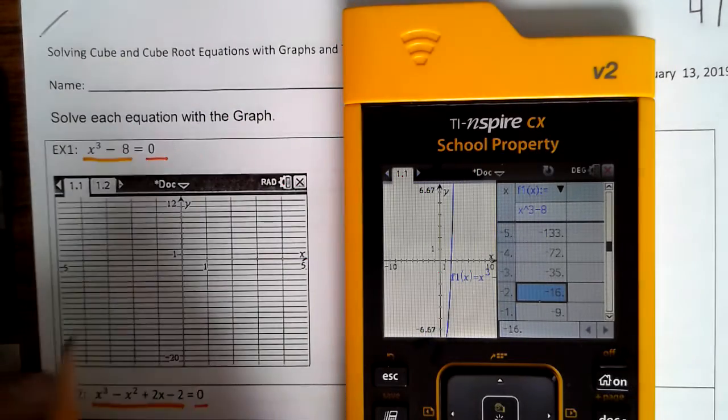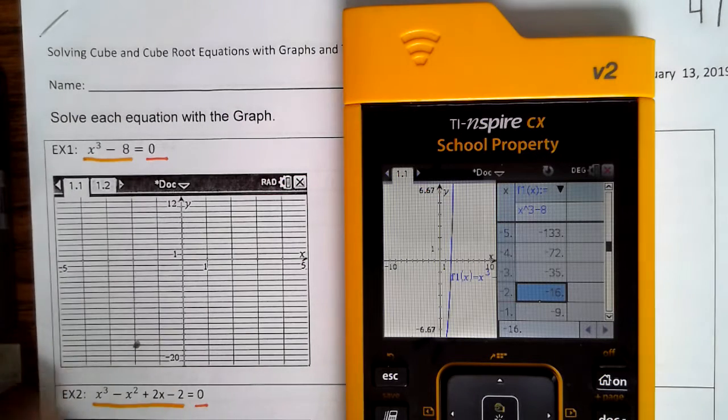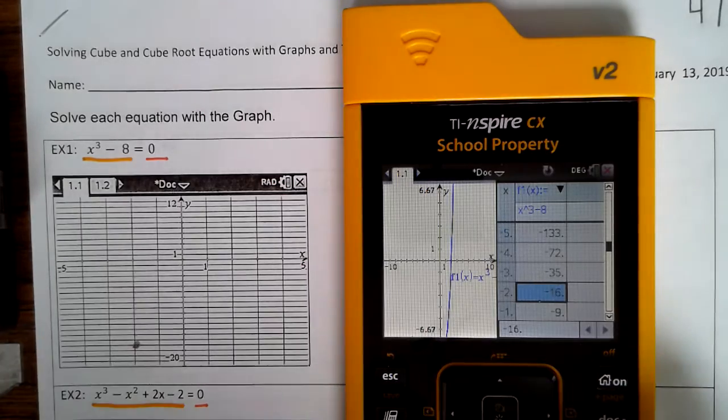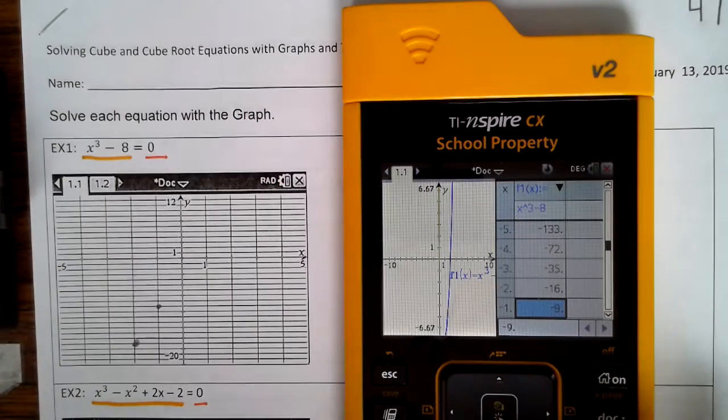So negative 2, negative 1, 2, 3, 4, 5, 6, 7, 8, 9, 10, 11, 12, 13, 14, 15, 16. Okay. Now, negative 1, negative 9. So negative 1, 1, 2, 3, 4, 5, 6, 7, 8, 9. 0, negative 8.